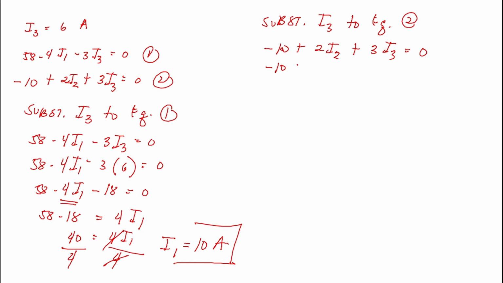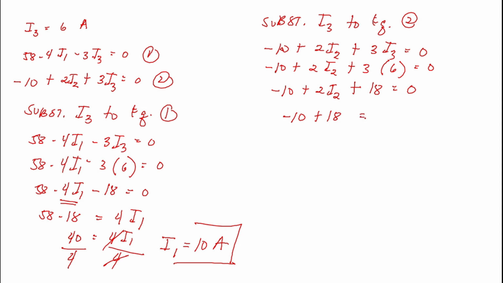Negative 10 plus 2I2 plus 3 times 6 is equals to 0. So, negative 10 plus 2I2 plus 18 is equals to 0. And then, negative 10 plus 18 is equals to, from positive magiging negative.